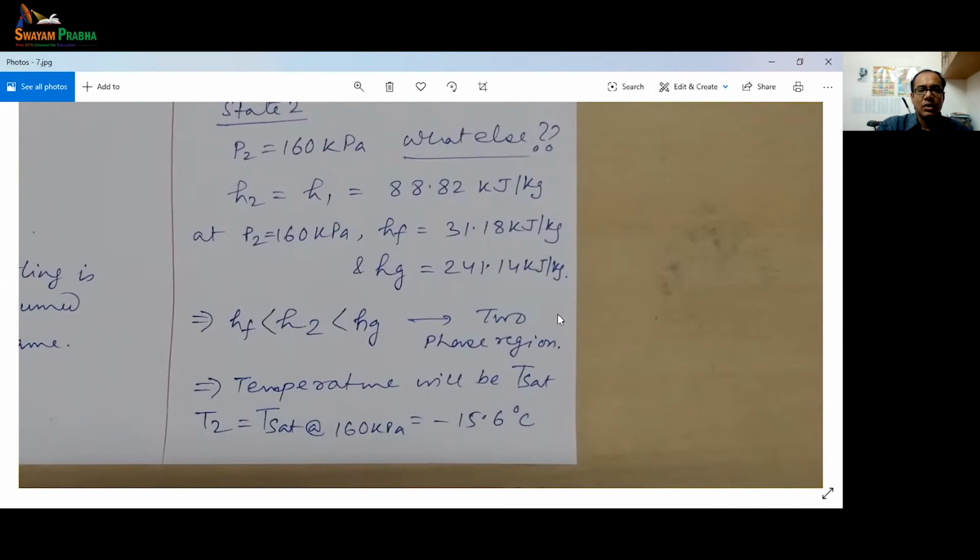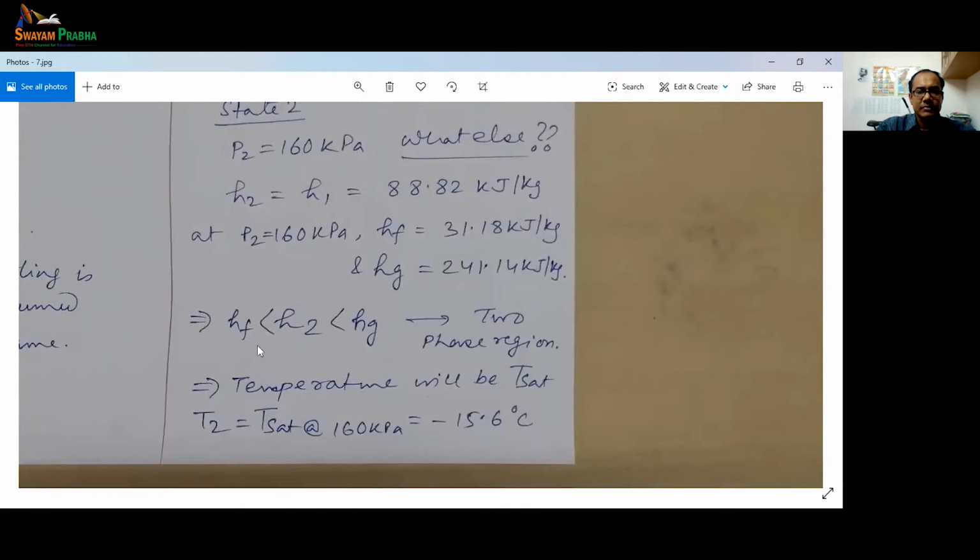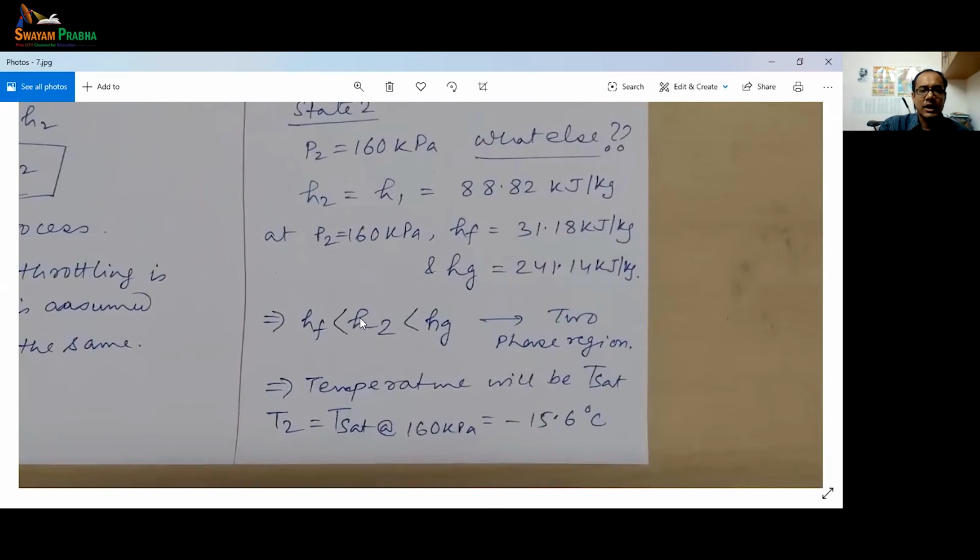You can see here that H2, the enthalpy value at the exit, is coming in between these two values, the enthalpy of liquid and enthalpy of saturated vapor.